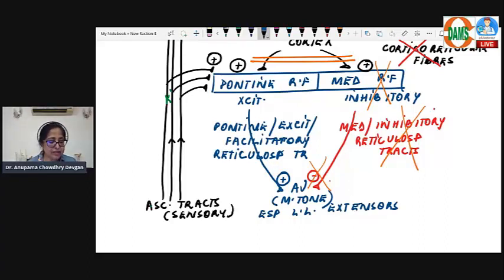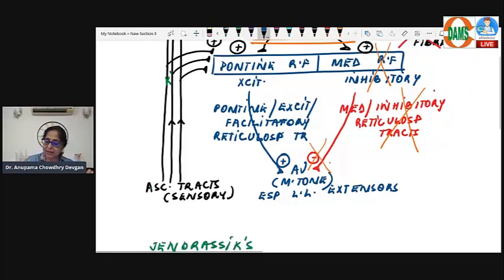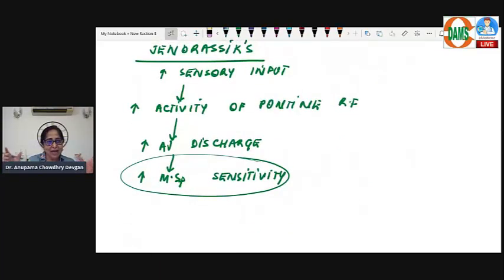Same thing. Clenching of teeth or locking the fingers will increase the sensory input to the pontine area. Okay. See, what do you mean by increasing muscle sensitivity? That means basically, when the A gamma discharge increases, the ends of the intrafusal muscle fibers will contract. If the ends contract, the intrafusal muscle fibers are stretched. Have you understood?